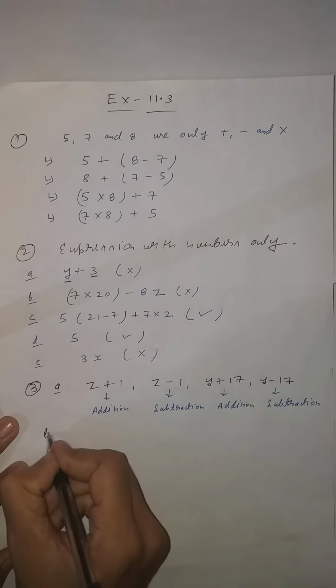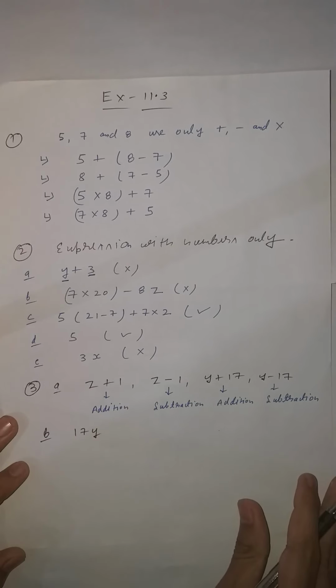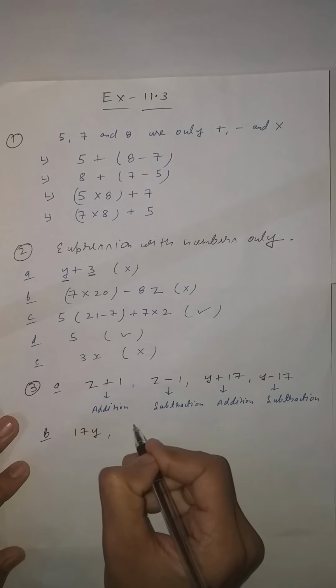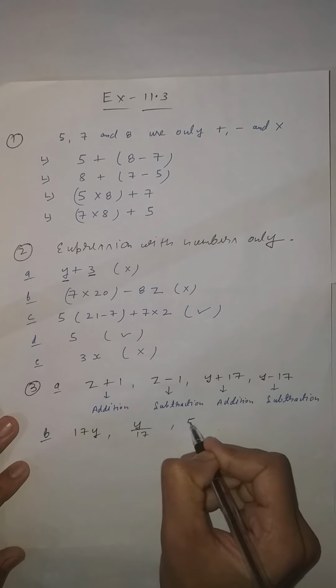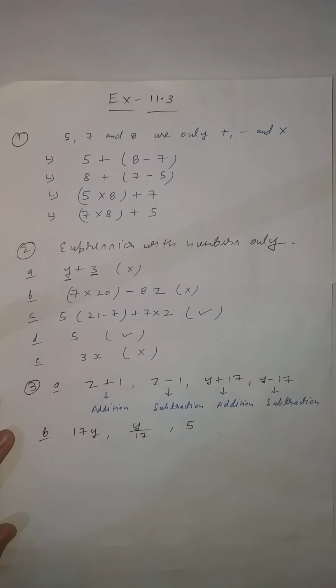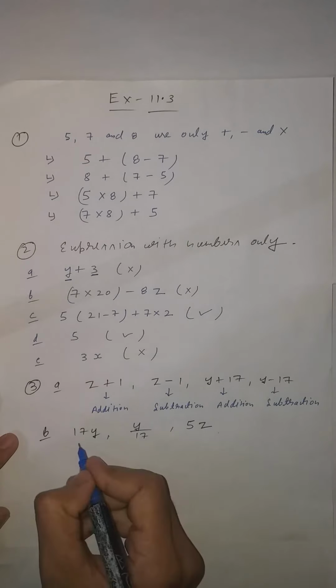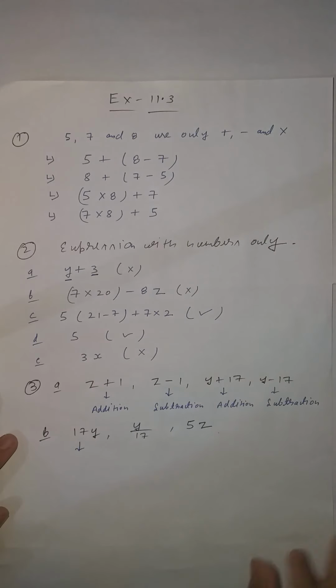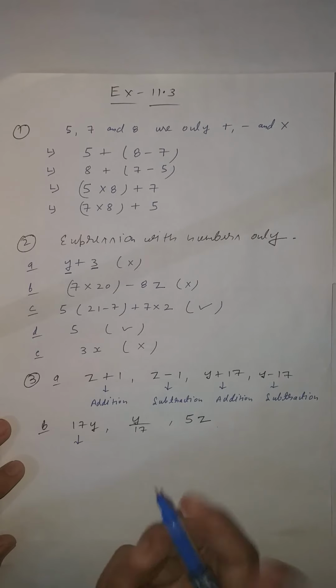Question number B. What is given? 17y, y upon 17, 5z. Clear? Now here 17 and y are given, and between 17 and y one sign is hidden. What is the sign?